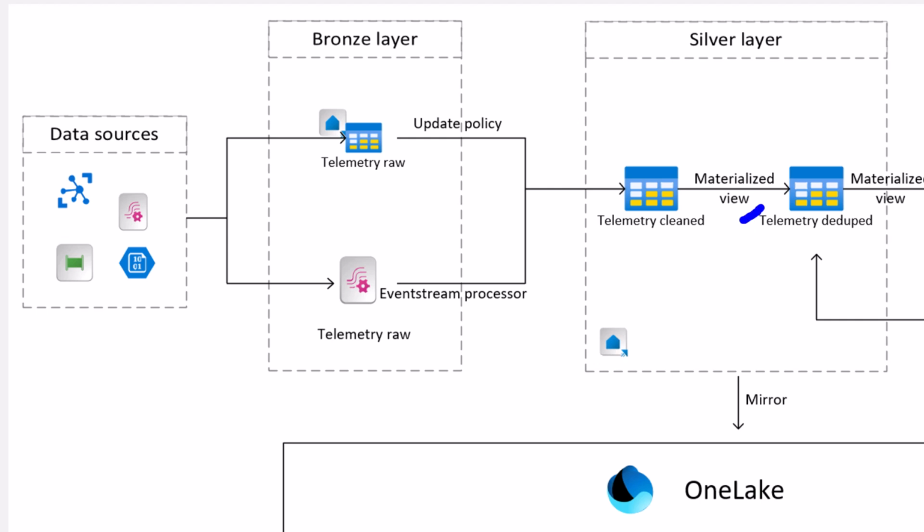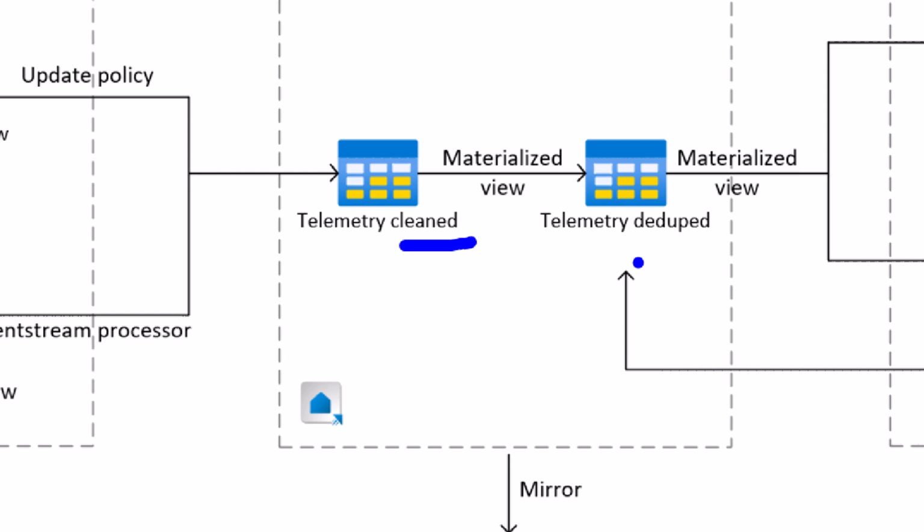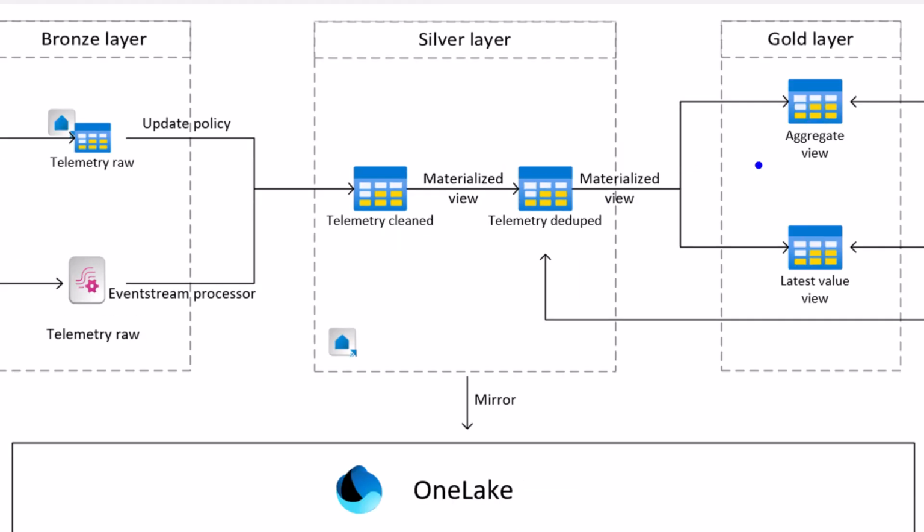Then we've got this materialized view. So we're going to build a materialized view from the data in cleaned here. And we're going to write it, because we're materializing the output of this summarized query into this telemetry deduped. So that is going to be the next layer in our architecture. And again, we're going to continue this, using the materialized view feature to generate aggregates here.